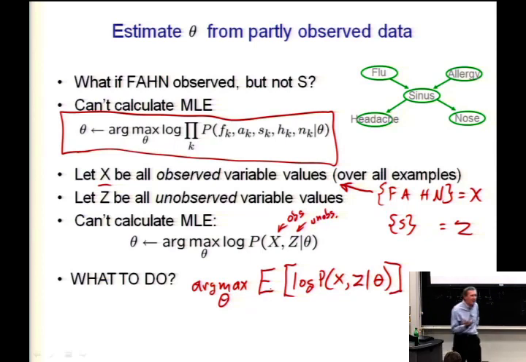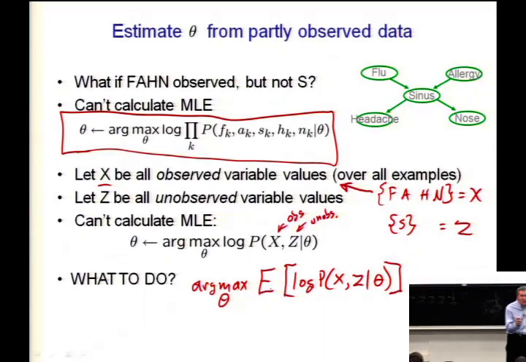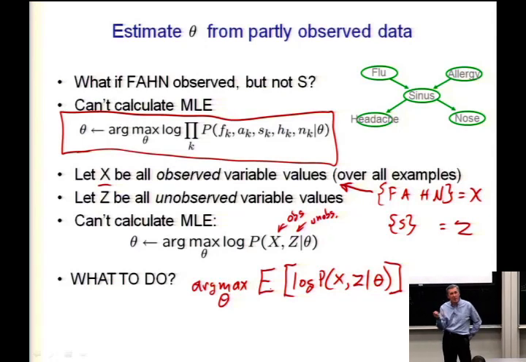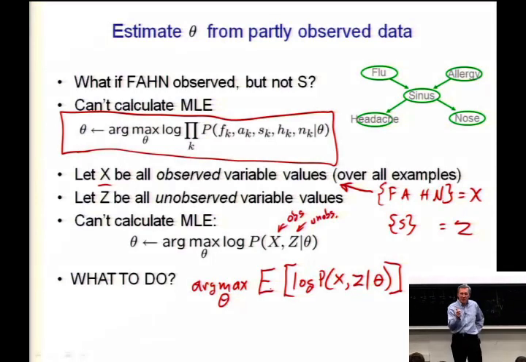Now, whenever somebody says take the expected value, the first question you should ask them is with respect to what probability distribution? The expected value of something is just the average of its possible values weighted by their relative probabilities.